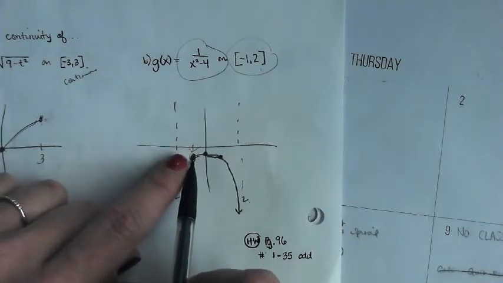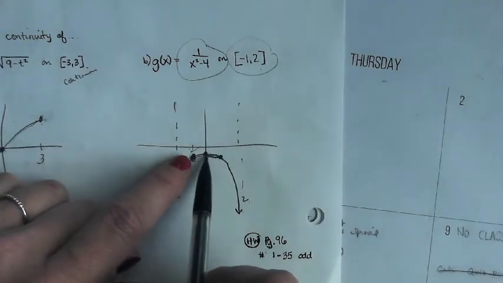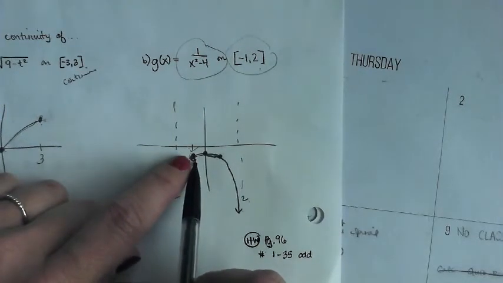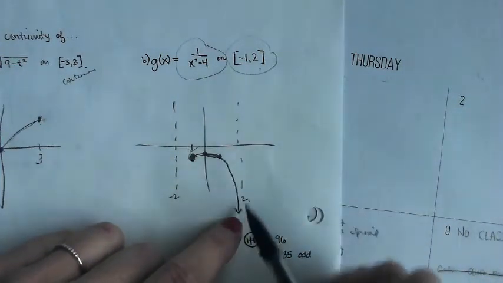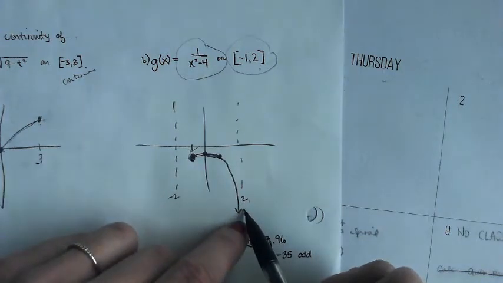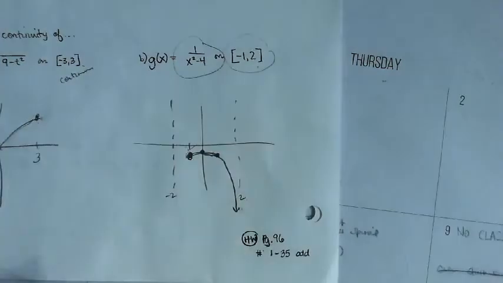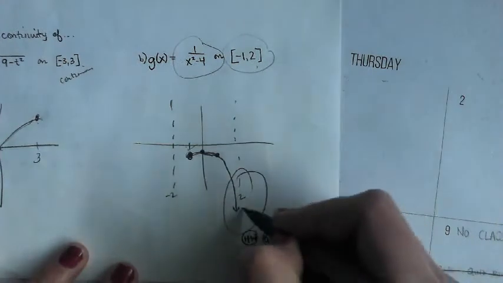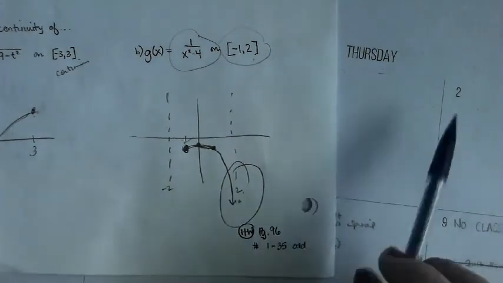On the left endpoint, is the function value there equal to the limit as you approach from the right? Yes. On the right side, is the function value there equal to the limit as you approach that value from the left? No. So this one would not be continuous on that closed interval from -1 to 2 because of this side, because the function value over here doesn't equal the limit over there.